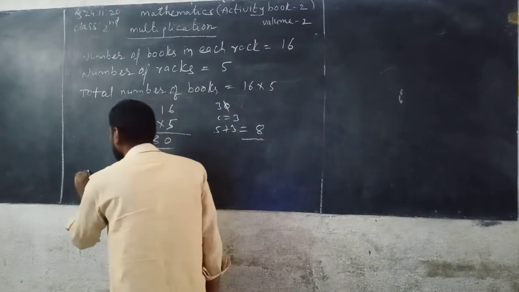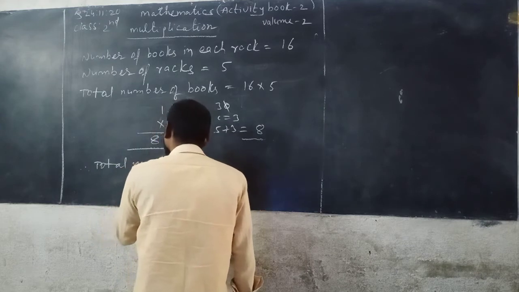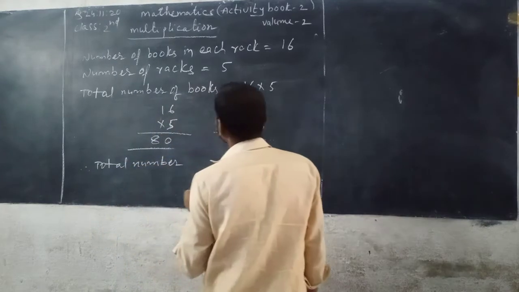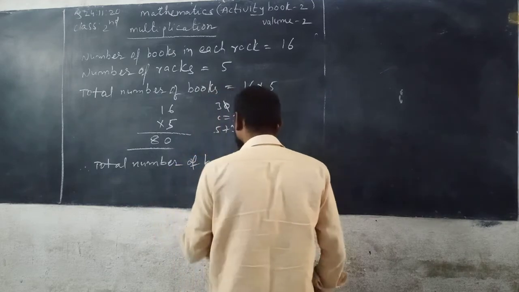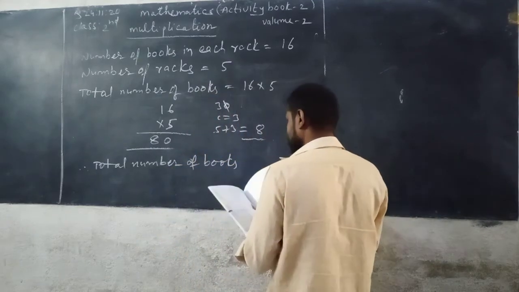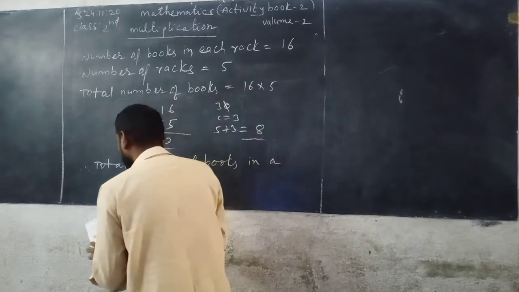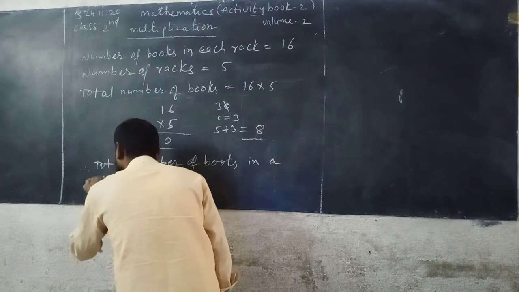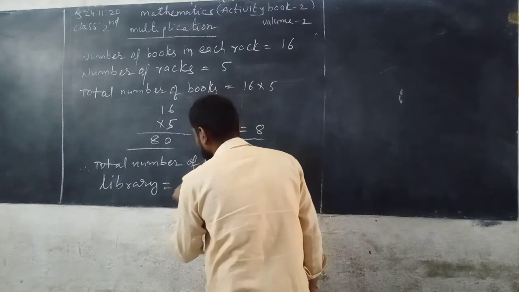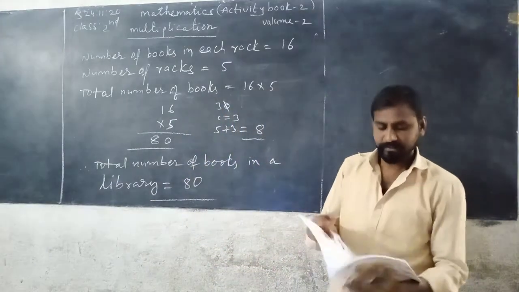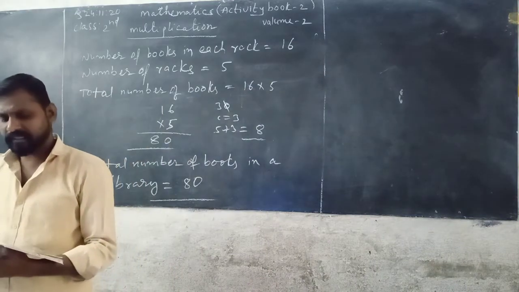So therefore, total number of books in a library is equal to 80.